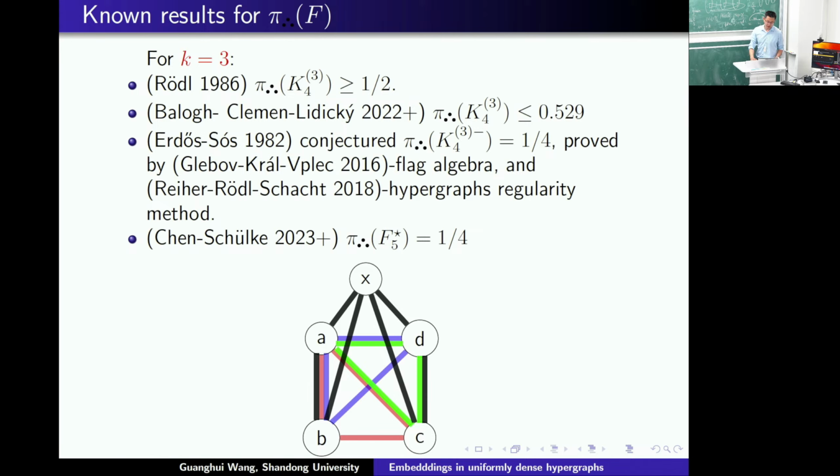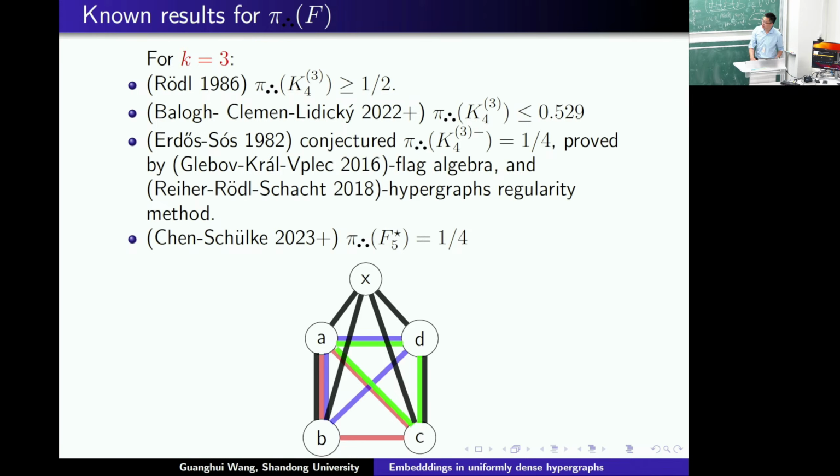And this conjecture was proved by 2 groups. One group used the flag algebra, and another group used the hypergraph regularity method. This year, Chen and Shu gave another kind of hypergraphs with uniform Turán density 1/4.